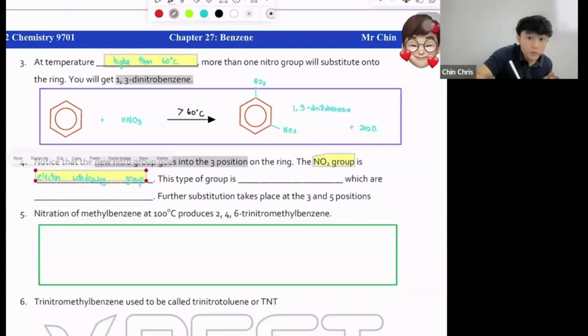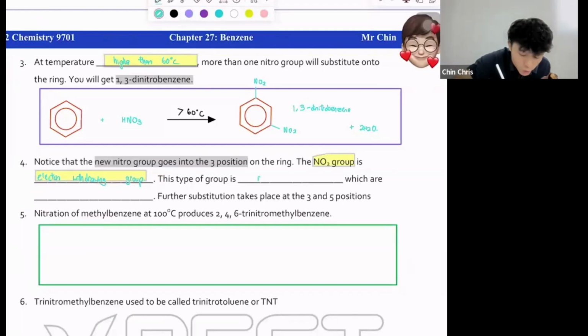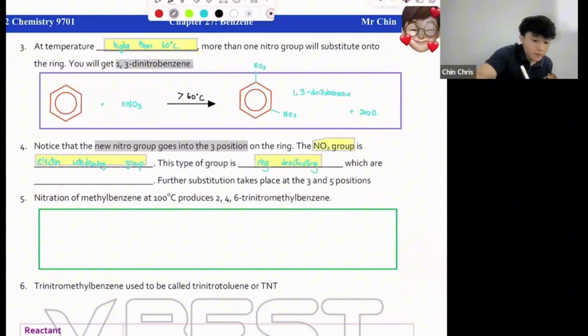Okay, so guys, when you have an electron withdrawing group, right, it's always ring deactivating, yeah. Which are 1, 3, 5 directing effect.